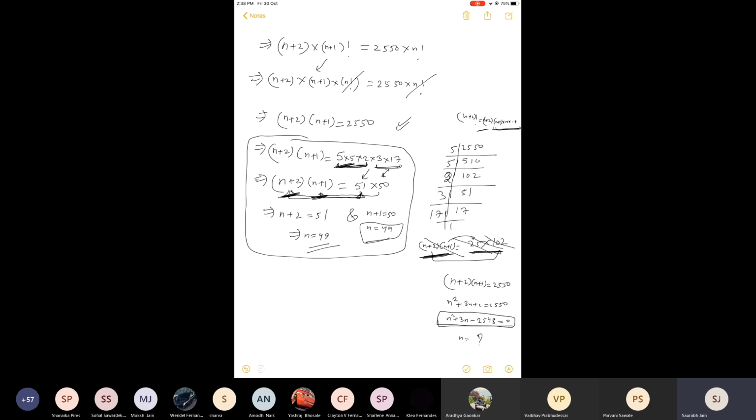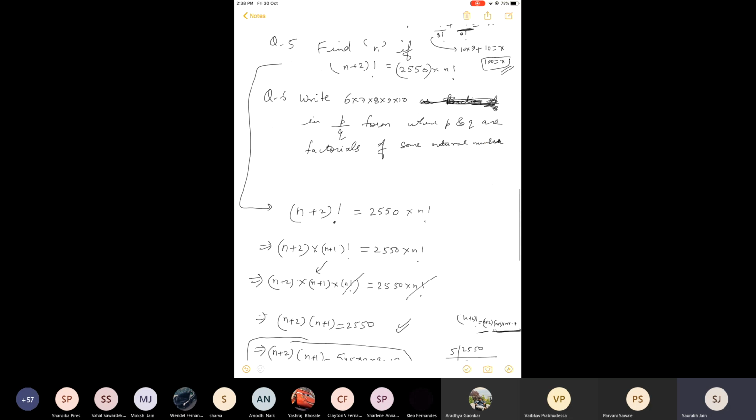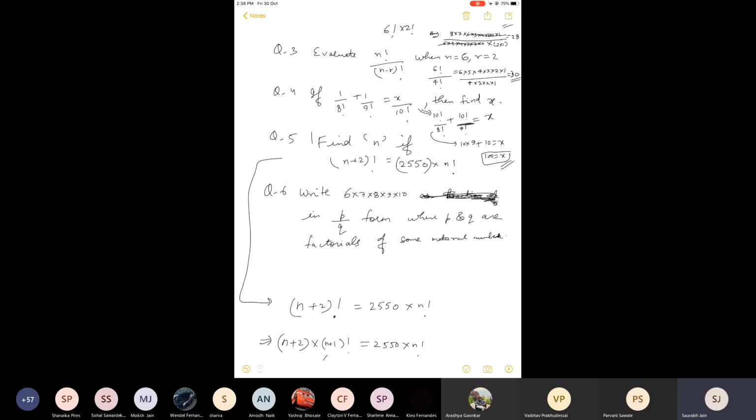Out of that, one value will be positive and one value will be negative. We will reject the negative value of n. You know why we will reject the negative value of n? Because let's say the negative value of n is minus 50, suppose. So if n is minus 50, then it cannot be put in the question itself.